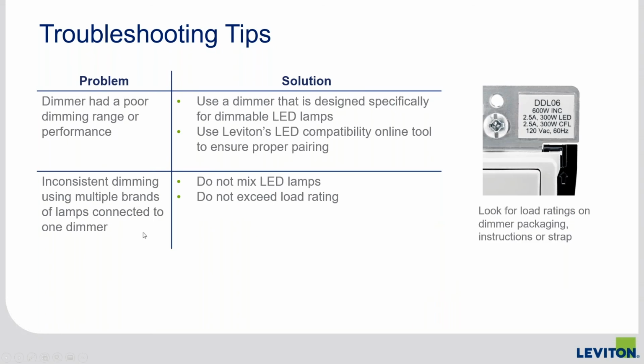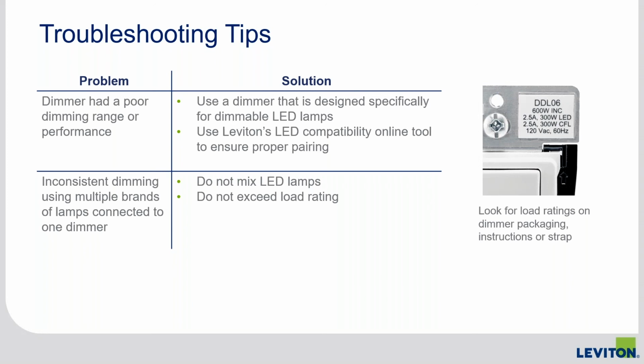Our last troubleshooting tips are if you have poor dimming range or performance, or inconsistent dimming. The first one, we always recommend using dimmers that are rated for LED with dimmable LED lamps.